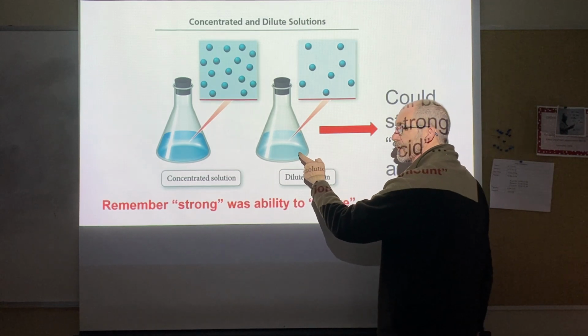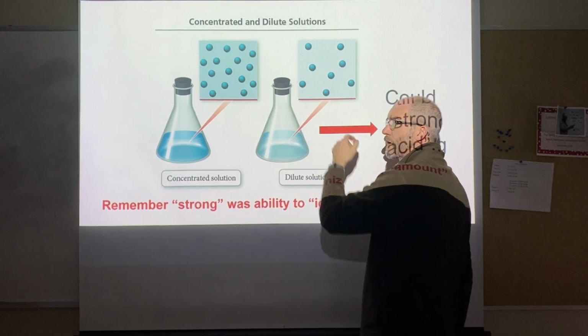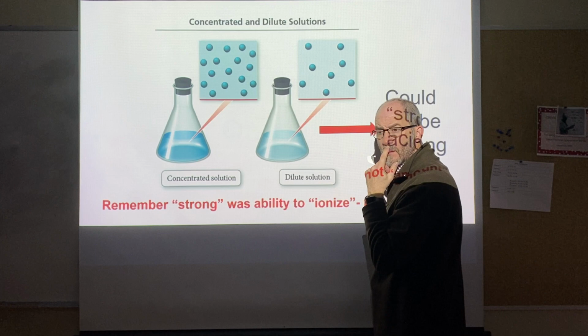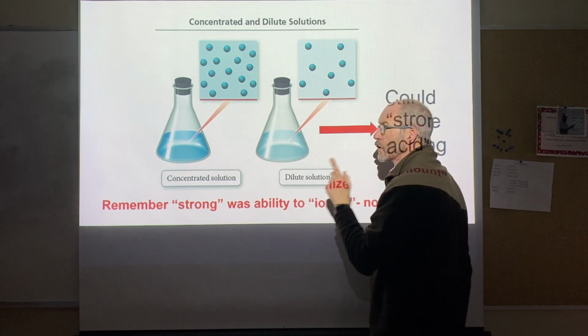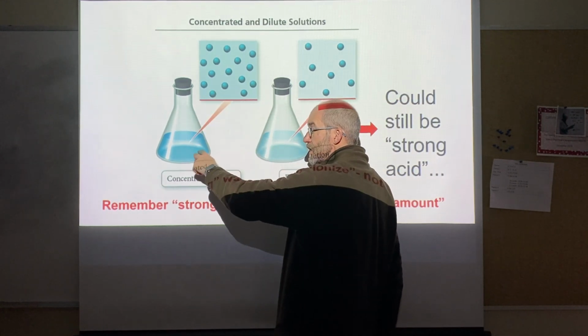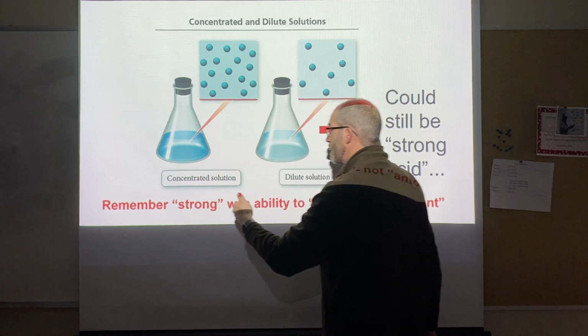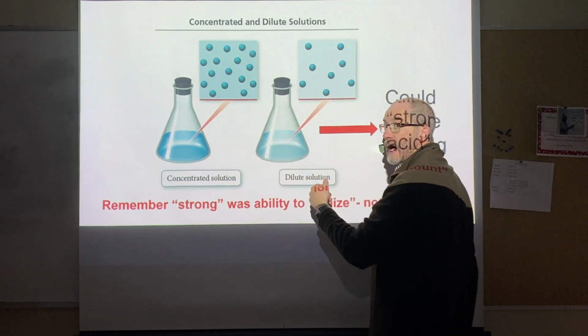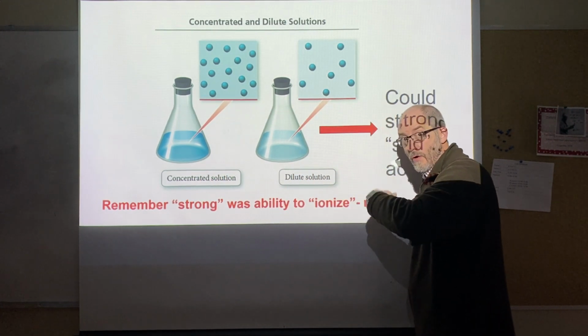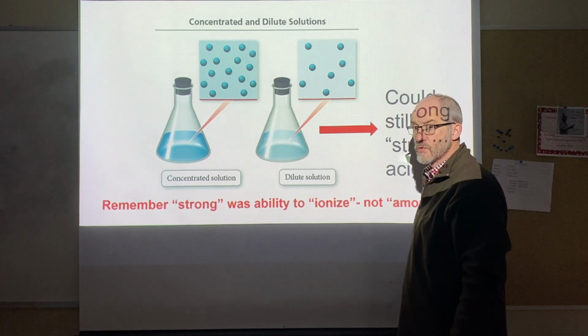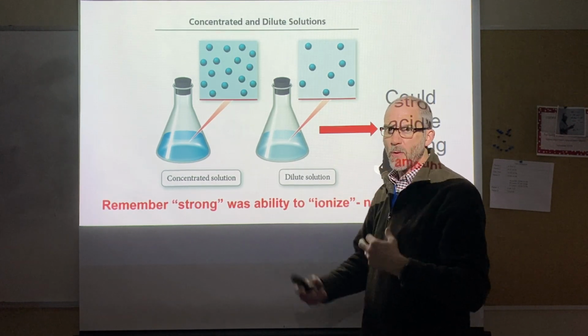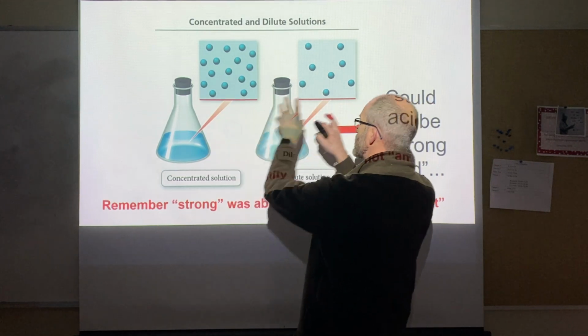Could this be dilute but still be a strong acid? Now think about this. Could this be concentrated and a strong acid? Could this be dilute and still be a strong acid? Because remember, strong and weak are just how well you come apart. Concentrated is like how much of something you have.